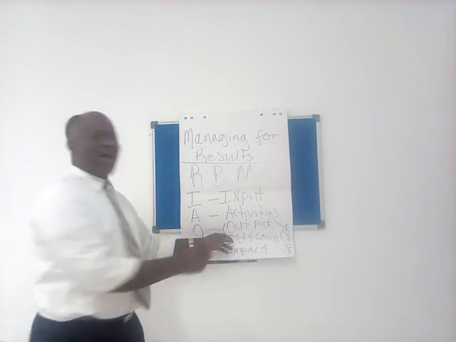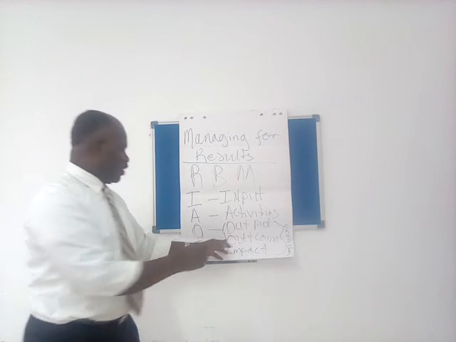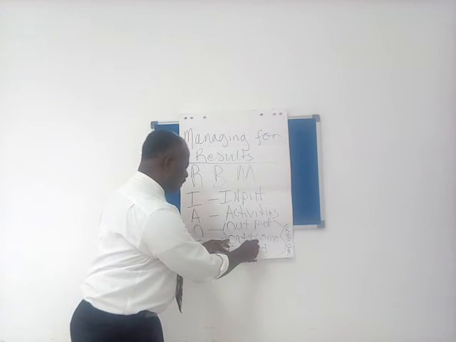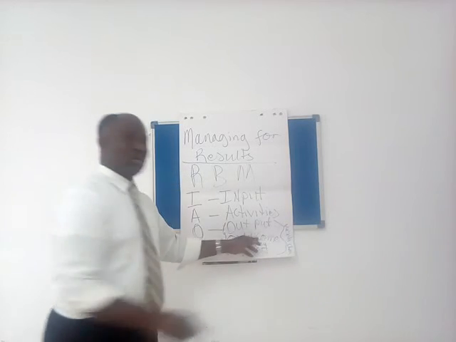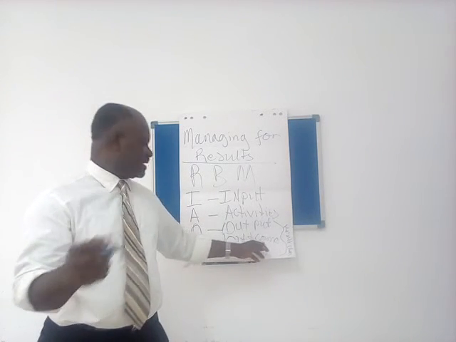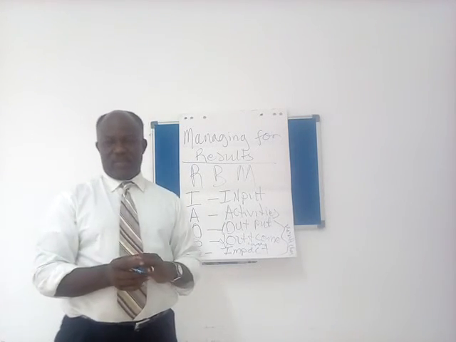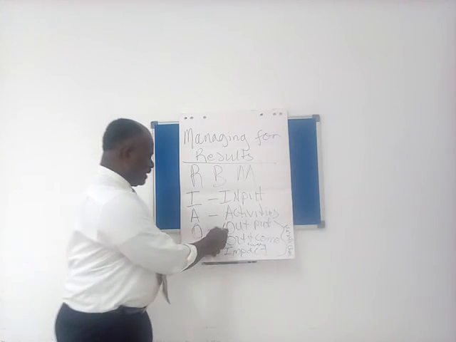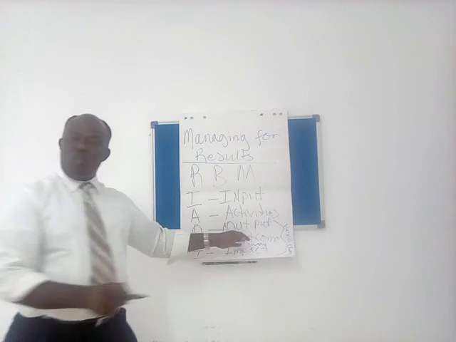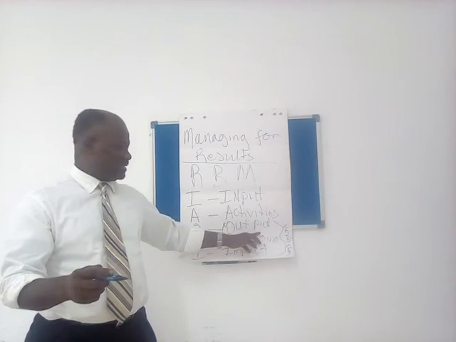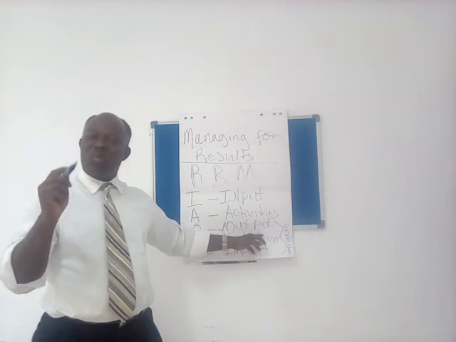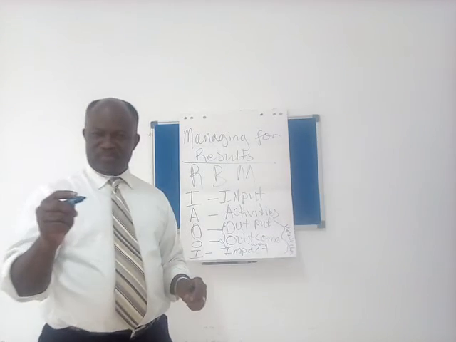And now, what outcome will it show? You will be meeting targets. Your job will be increased in terms of responsibility because you have this knowledge, which is the output. Now, when you have more responsibilities, most times you have more income.